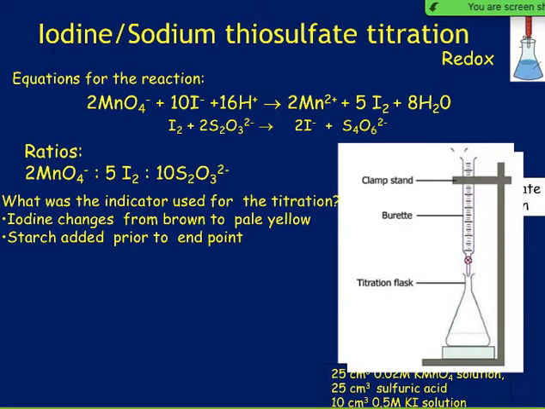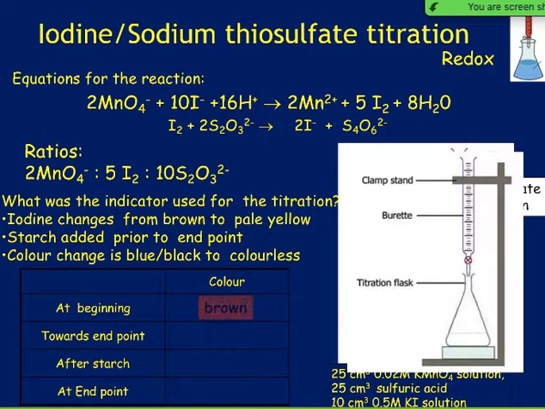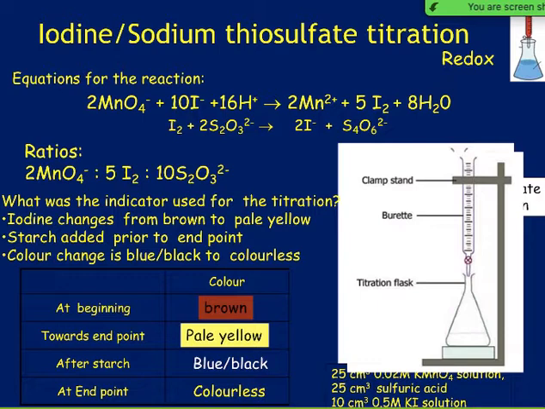This is what you want your iodine to go to, that colour. Once it's at that colour, we add in some starch, and then your colour change will be the blue-black to colourless. So at our beginning, it's kind of brown. Towards the end point, it goes this beautiful pale yellow. We add the starch in at that point and it'll go blue-black, and at your end point, it'll go colourless.